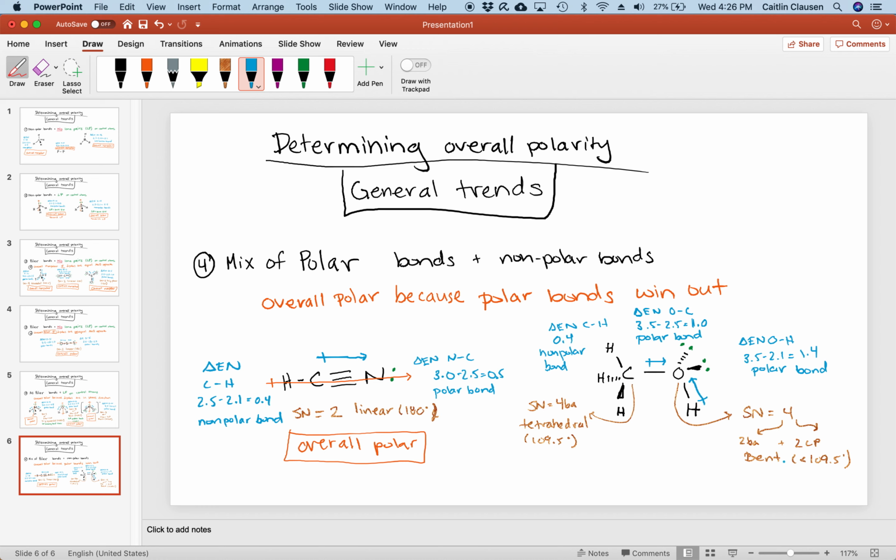Because oxygen is bent, it is not exactly 109.5. The electronegativity is going up towards the oxygen. So the polarity of this molecule is going to be in this general direction. We would consider this overall polar.